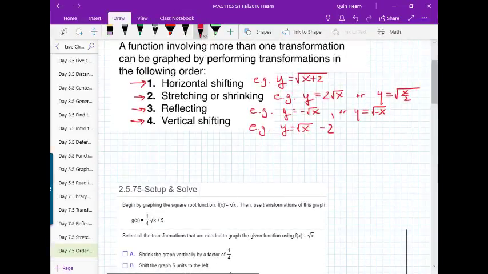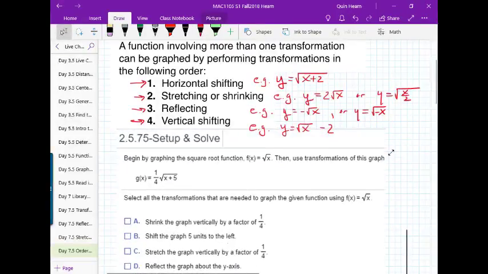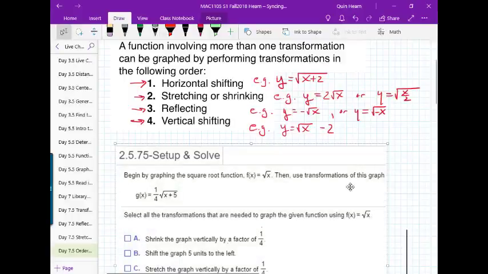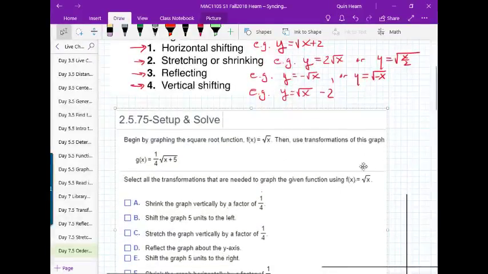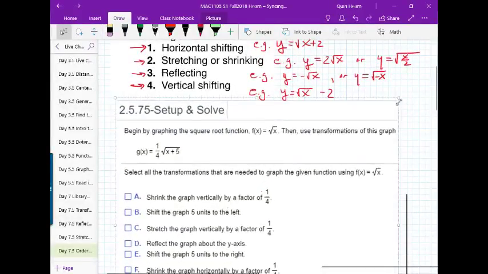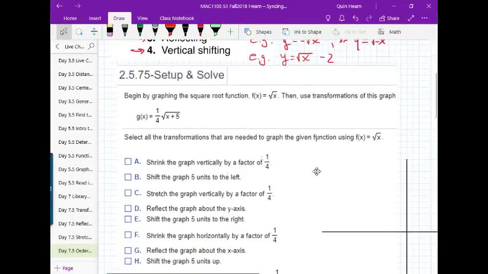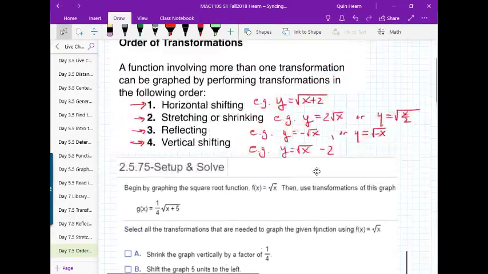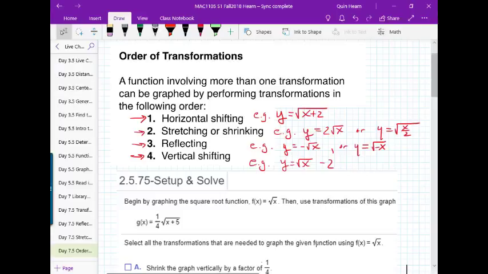So here's an example. Let me make it a little bit bigger here. Okay, so here's an example. It says, begin by graphing the square root function f of x equals square root of x, then use transformations of this graph.